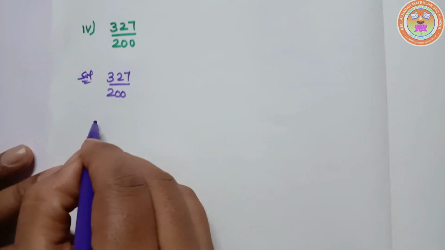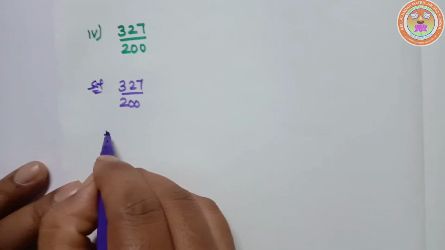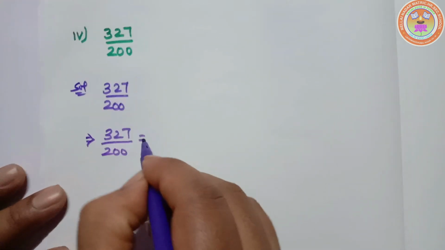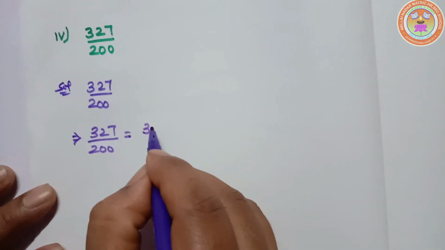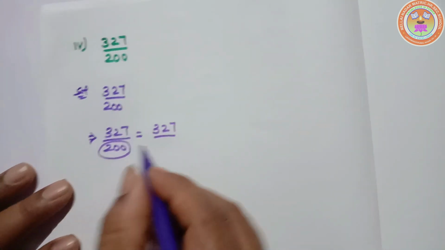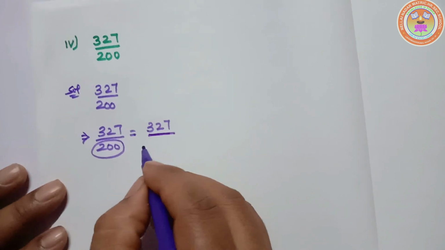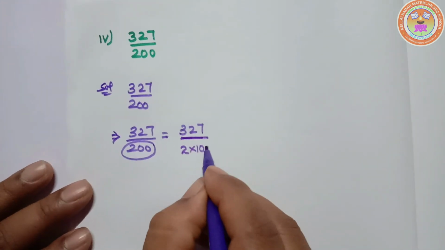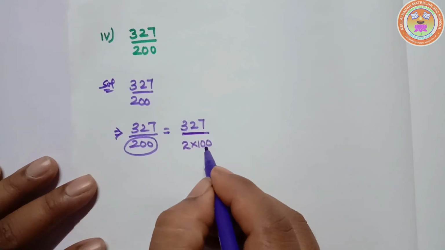This 200 can be expanded, you can write it as 2 into 100.